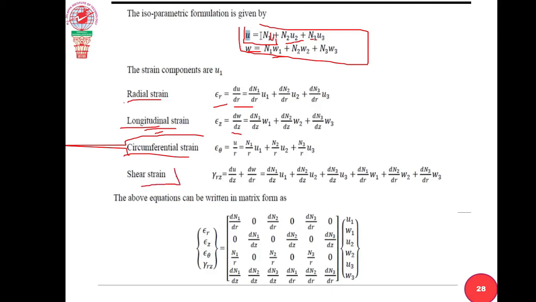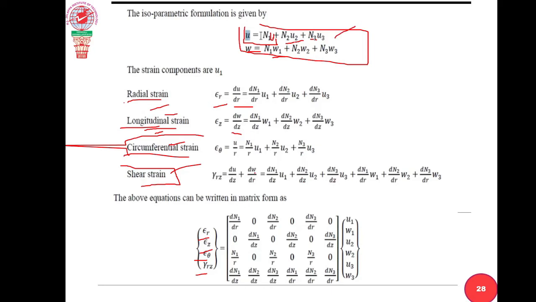And the next one is shear strain. There are totally four strains, 1, 2, 3, 4. We already know there are four strains: three normal strains and one shear strain. Shear strain is du by dz plus dw by dr. What is du by dz? That is d by dz of u. U means you have to substitute again: d by dz N1 u1 plus d by dz N2 u2 plus d by dz N3 u3.